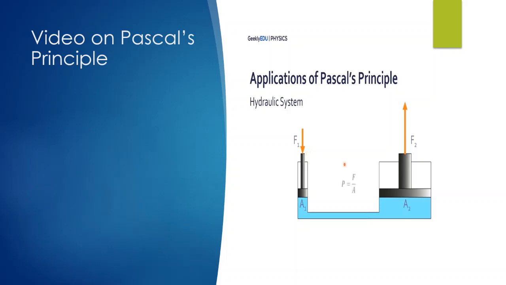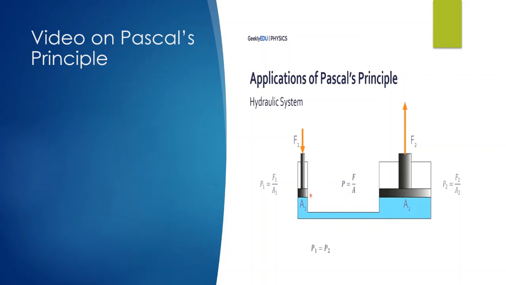Well, let's remember then that pressure is force over area, right? And for each side here, we have the corresponding pressure. So according to Pascal's principle, you're applying some pressure here, and this pressure is transmitted through the entire fluid, and it's going to end here with the same pressure, okay?